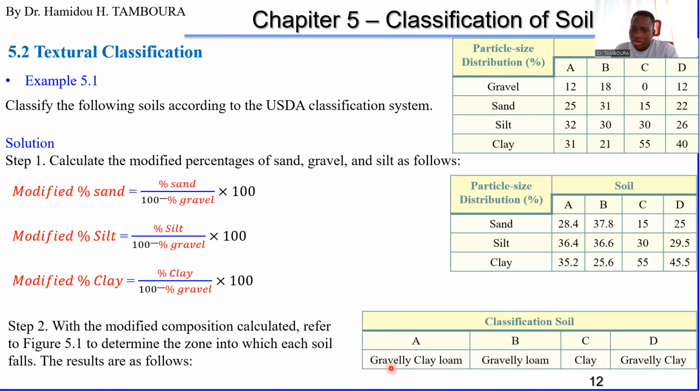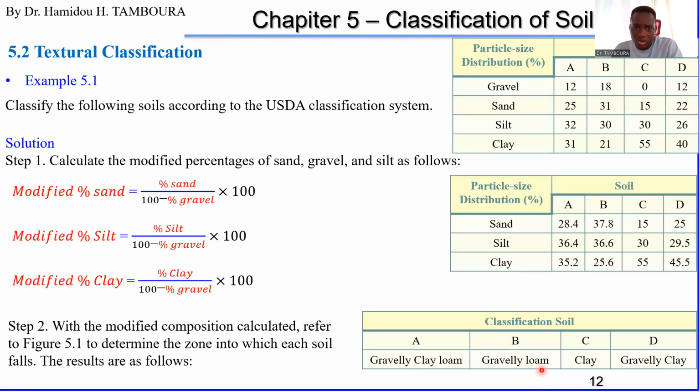So why do we have gravelly here? Because these three soils contain a considerable percentage of gravel, 12, 18, and 12 here. That's why. So the clay loam is what you obtain on the chart.